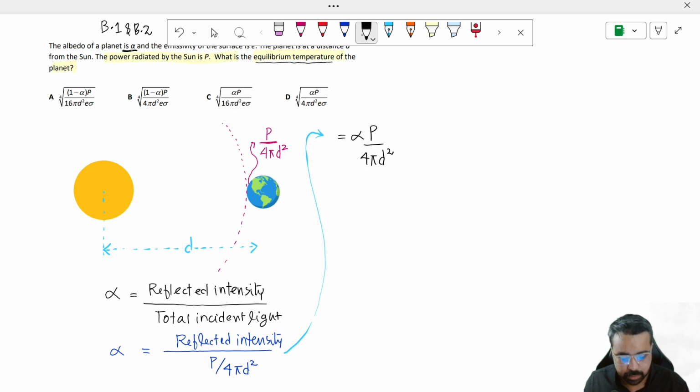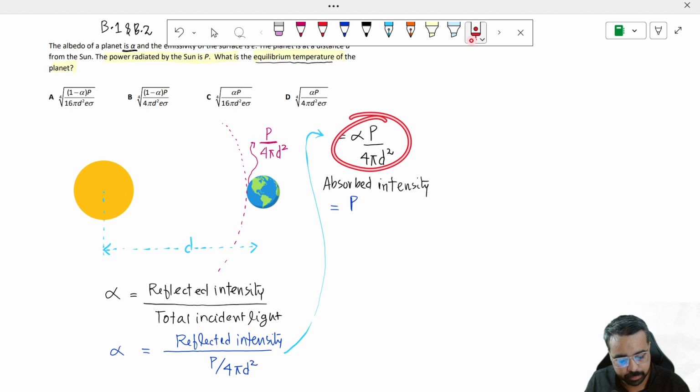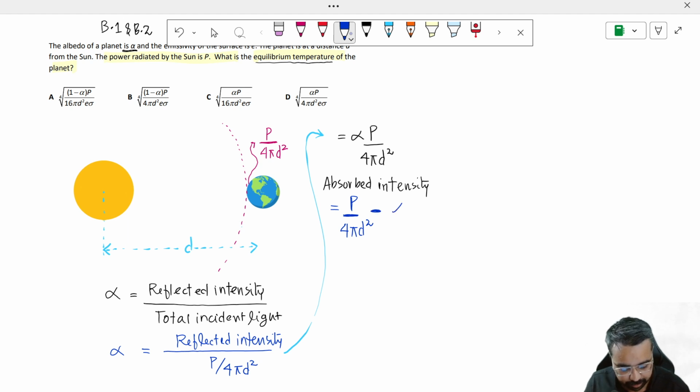If it is reflected, then how much is absorbed? For this, students, we must subtract this value from the total light intensity that is reaching the Earth's surface. This was reaching the surface minus the reflected one, so it will give us the light that is hitting the surface of Earth.